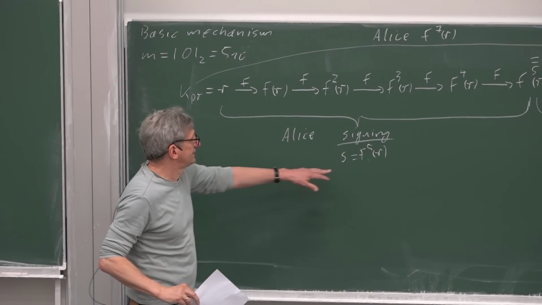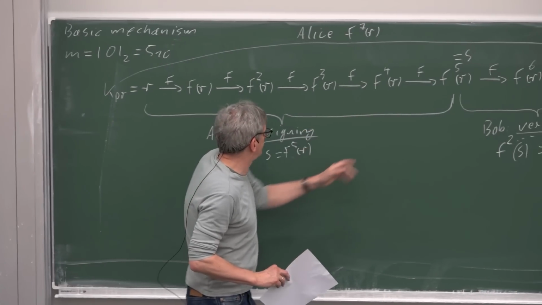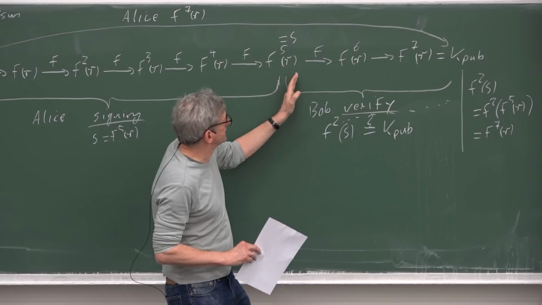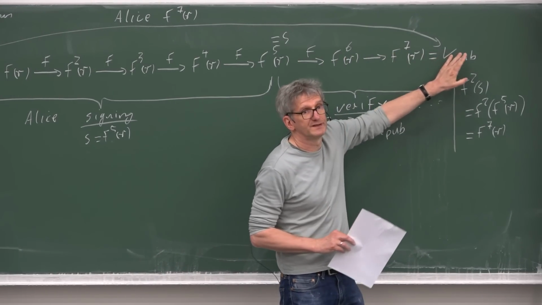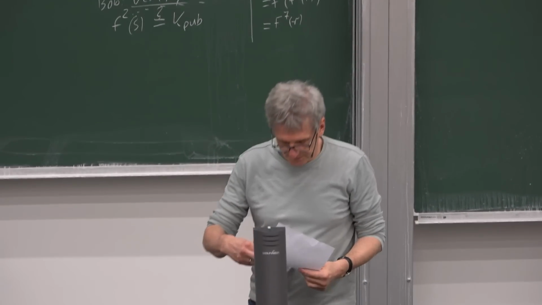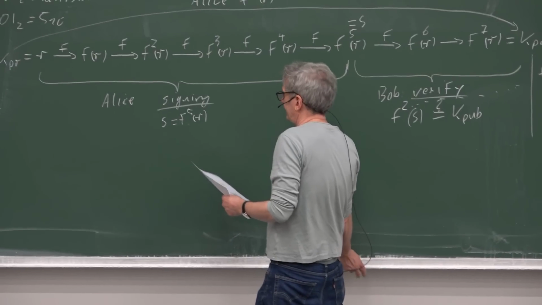So what's happened to this little r here? It hopped 1, 2, 3, 4, 5 times. This is s. And then Bob adds another 2 hops, 6 and 7, and then we end up here. Okay? I like that graphic. So in general terms, this was for m equals 5.